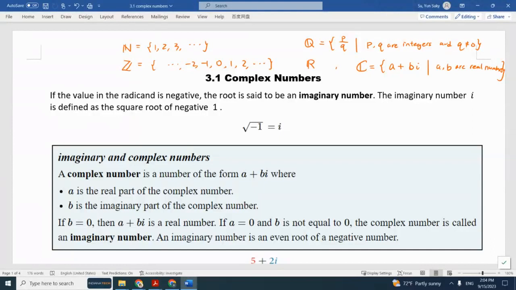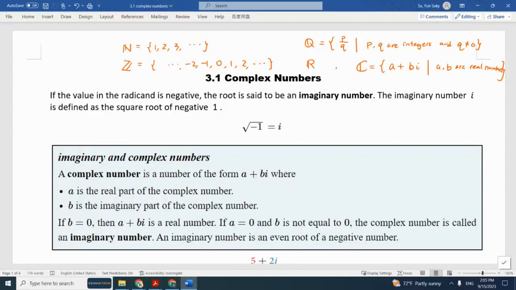So a complex number in the form of a plus bi, where a is called the real part of the complex number because it does not have the i with it, and b is the imaginary part. If b equals 0, then you just get a plus 0 times i, which is just a, so you get a real number.